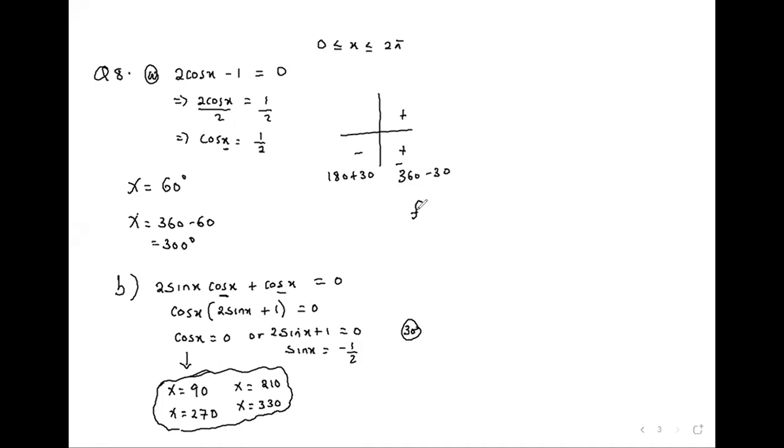Then if we have tan 2x equal to 2 sin 2x, we know tan is sin over cos. So we have sin 2x over cos 2x equal to 2 sin 2x.